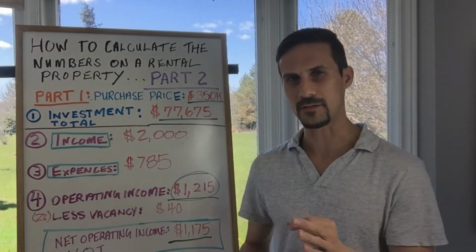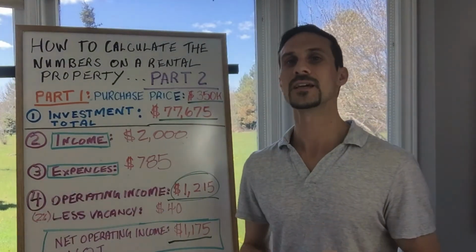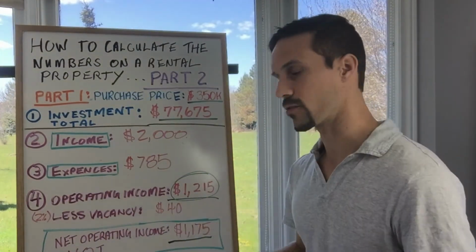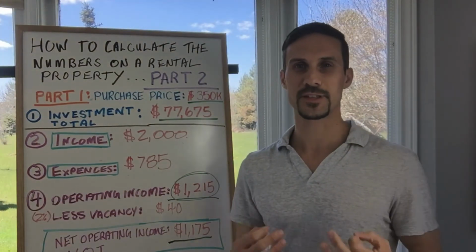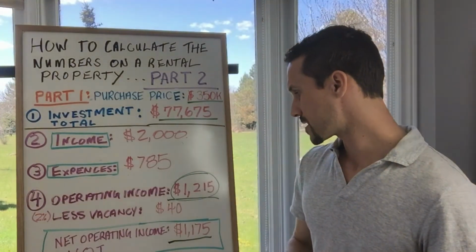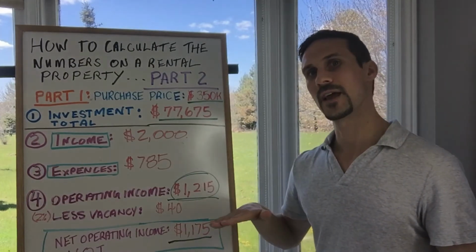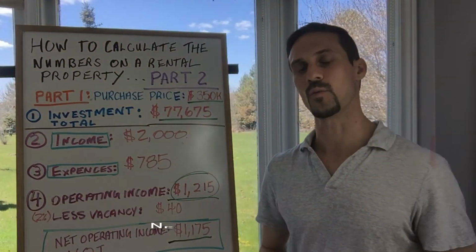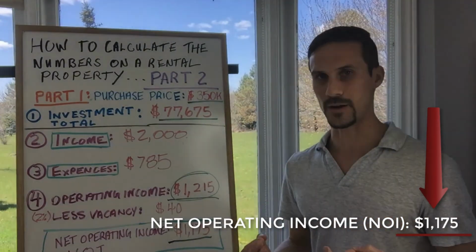So now we have $1,215 of operating income minus your vacancy rate of $40 per month, which will give you the metric that we've been looking for, your net operating income. At the end of the month, this is what we anticipate is going to be in our bank account every month: $1,175. It's our net operating income.